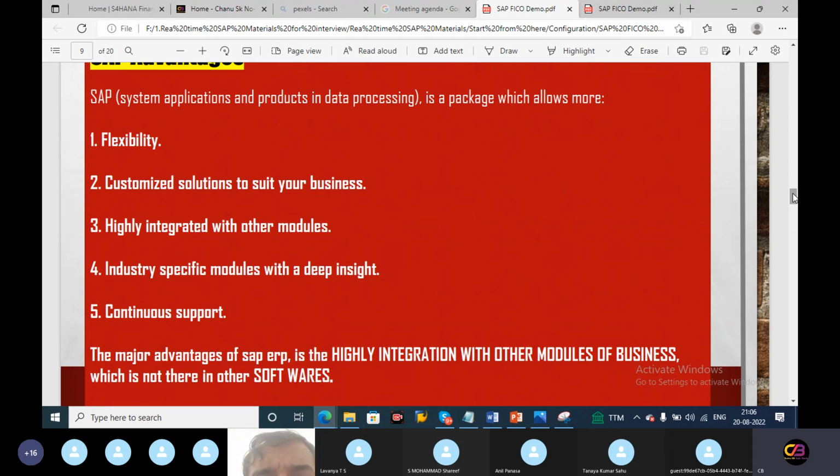The best advantage compared to others is that it is highly integrated with other modules. What integration is, I will explain in future classes. The SAP FI module is integrated with the MM module, SD module and PP module. We will focus more on SAP FI, not other modules, because you people attended only FI sessions.